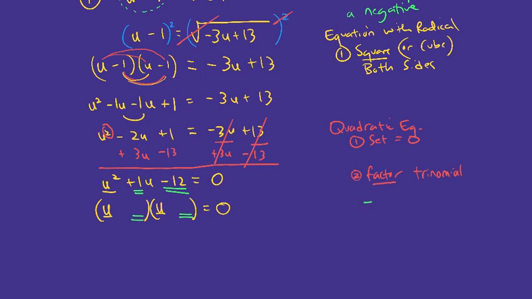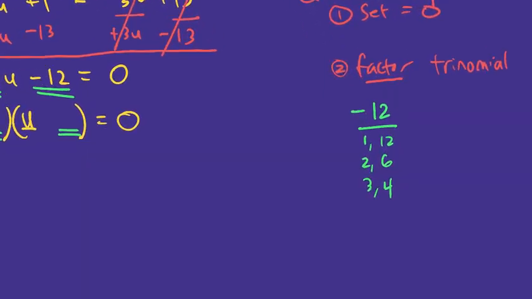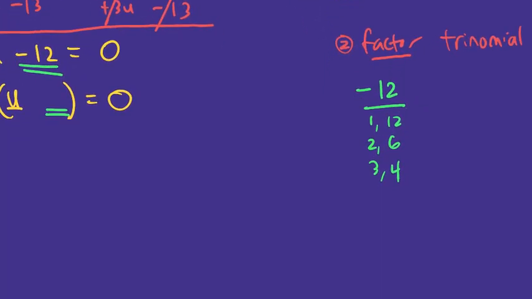If I list all the factors of negative 12, we've got 1 and 12, 2 and 6, 3 and 4. And we're looking for a pair we can make positive 1 out of. By the way, these should multiply to be negative 12, so one of them would need to be negative.